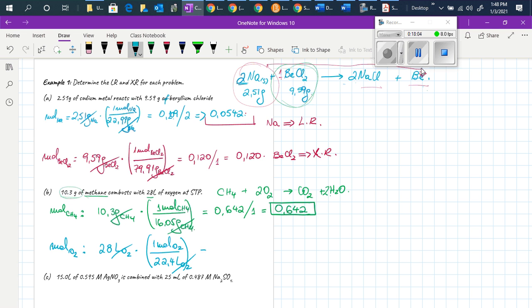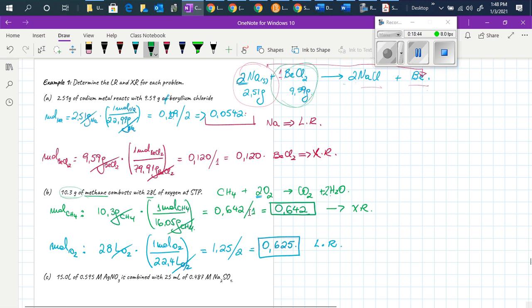So liters cancel out, and then we have 1.25 moles divided by the coefficient of 2 that oxygen has, will be 0.625. Since 0.625 is less than 0.642, then oxygen is the limiting reactant, while the methane is the excess reactant.